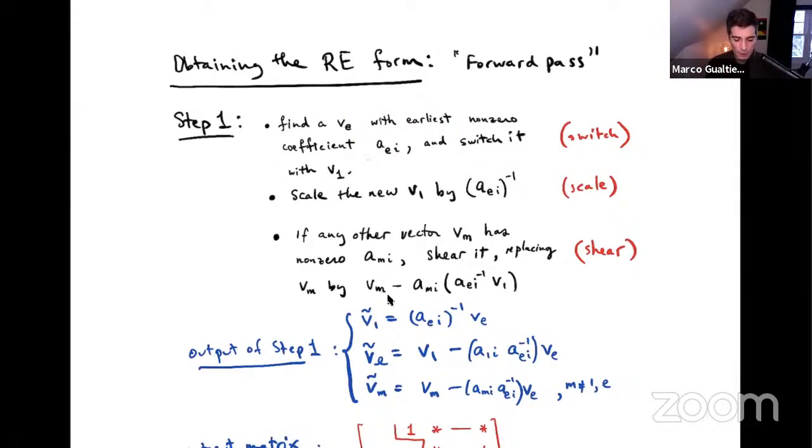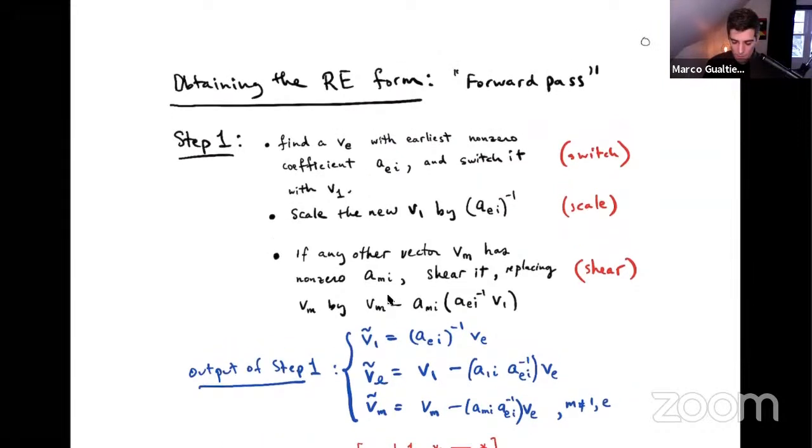So if I have something like this, you see that this row has zeros up to entry number 2. This one has zeros up to entry number 3, and this one has a non-zero entry at a very early stage, stage 1. So I'm finding a vector that has the earliest non-zero coefficient.